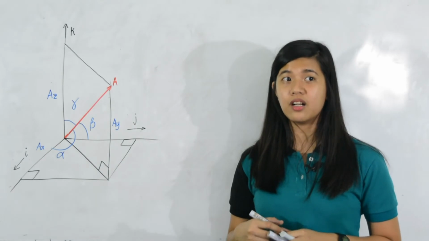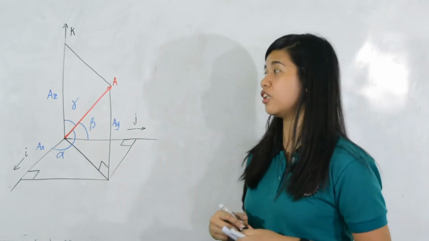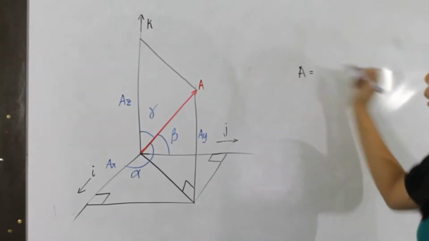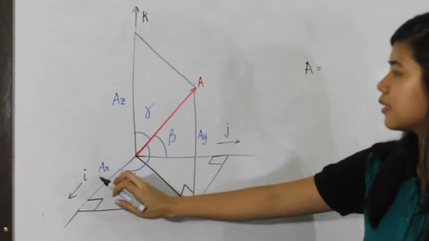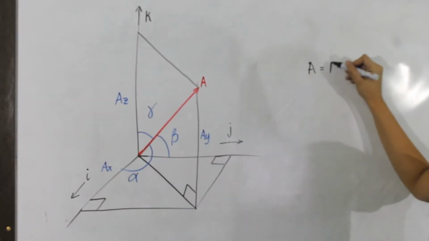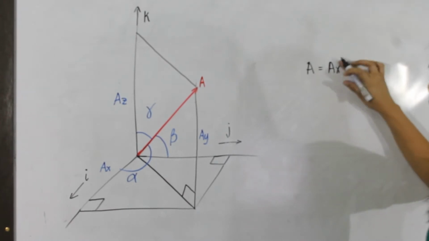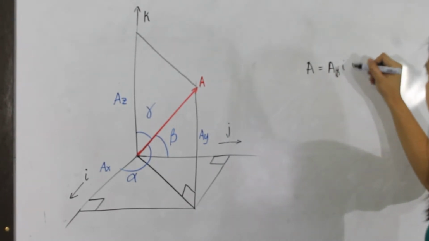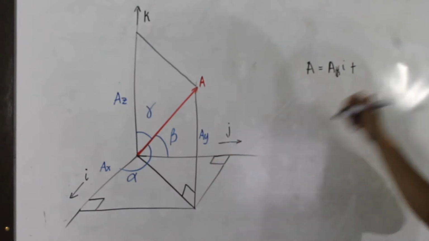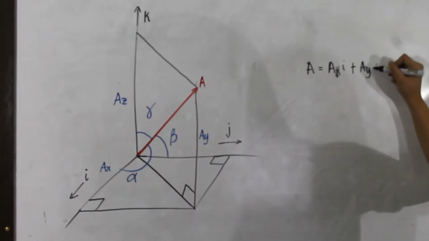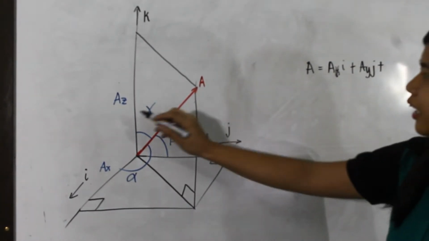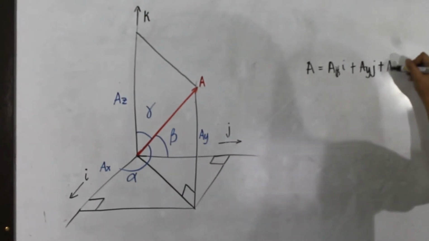To get vector A, add all the vector components with their directional units. So we have A sub x i plus A sub y j plus A sub z k.